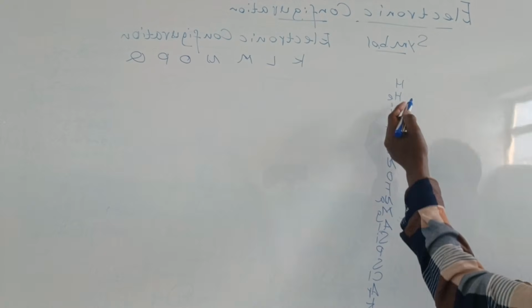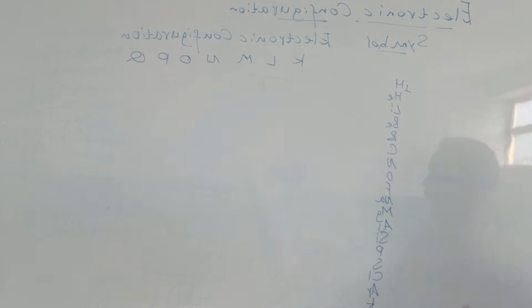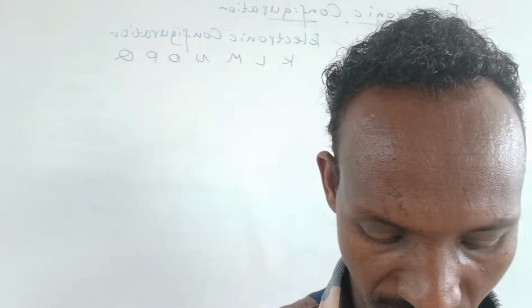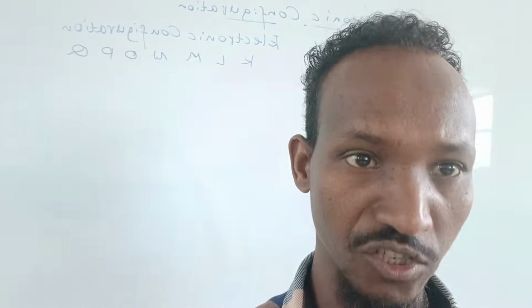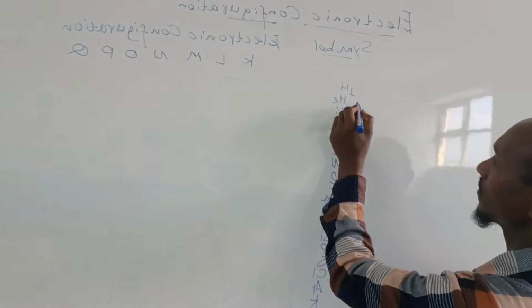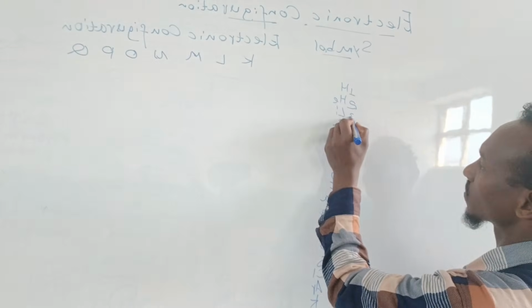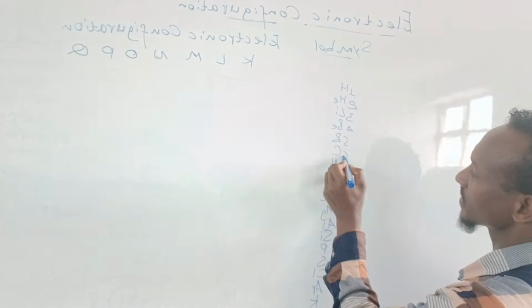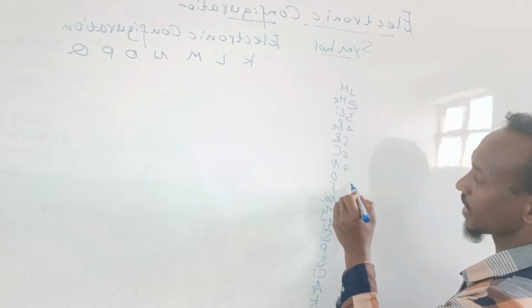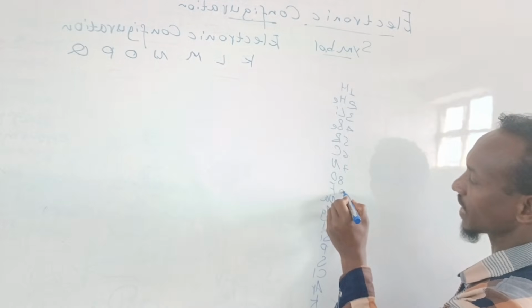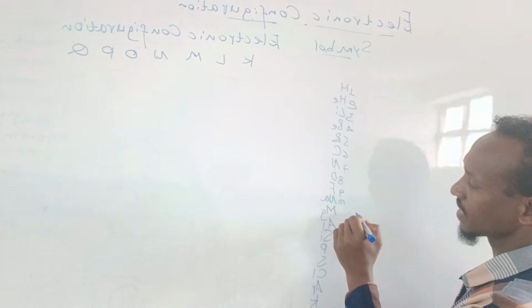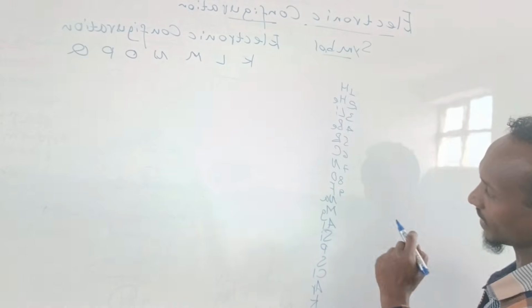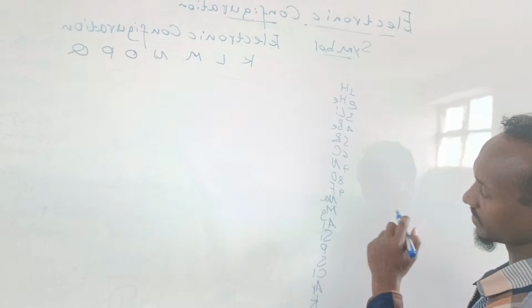The first element is hydrogen, its atomic number is 1. The second one is helium, which is 2. Then lithium is 3, beryllium 4, boron 5, carbon 6, nitrogen 7, oxygen 8, fluorine 9, and neon 10.